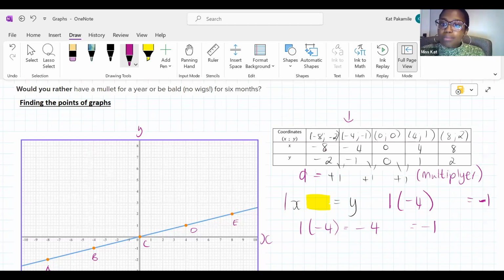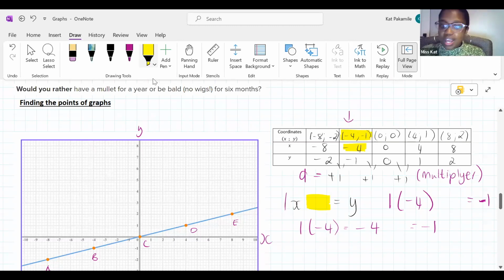So I am doing a trial and error using this coordinate over here. I'm using an input of negative 4. I said 1 times negative 4, but the output I want is, according to the table, negative 1. So now I'm asking you, what do we need to add or subtract to negative 4 to get to negative 1?